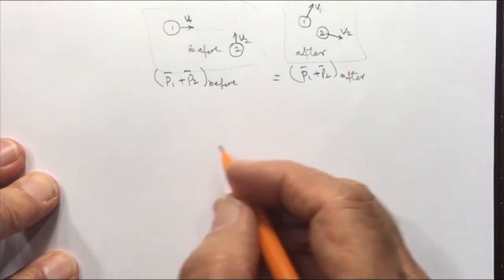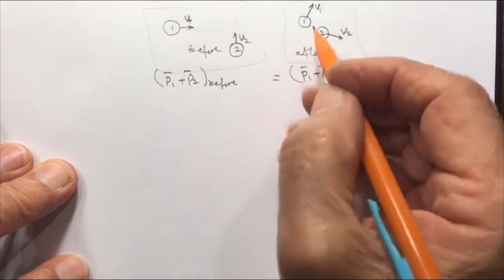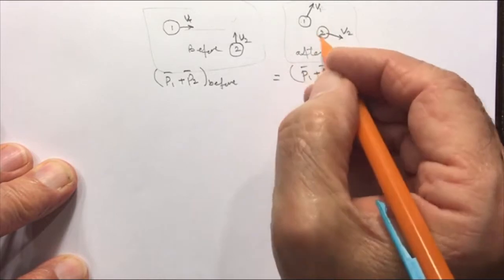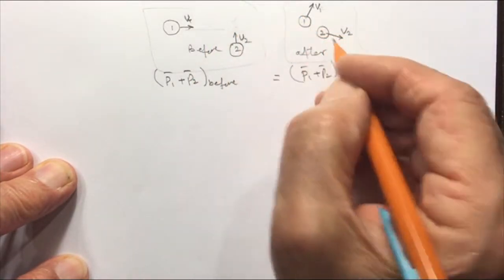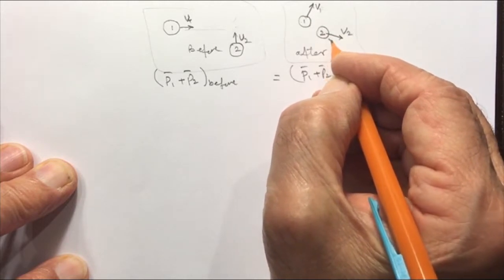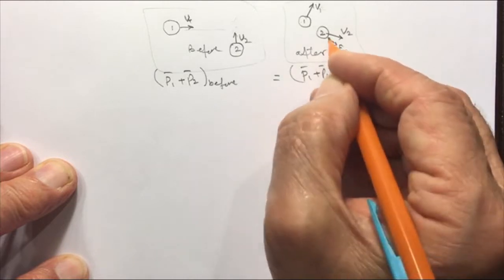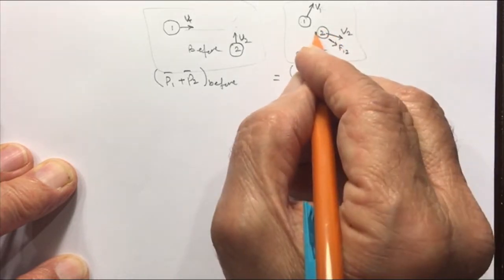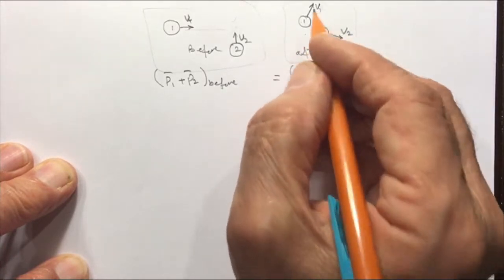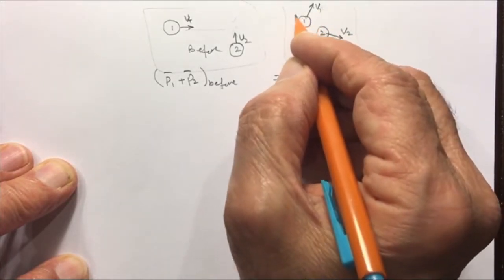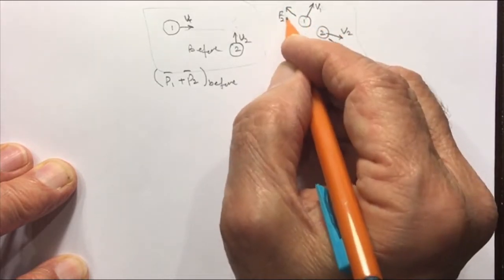So let's assume that we have something like this, and at the instant of collision, as they hit each other, object 1 is going to apply a force F12 on object 2. Object 2 is going to be pushed this way due to object 1, and object 1 would be pushed in the opposite direction, which would be F21.